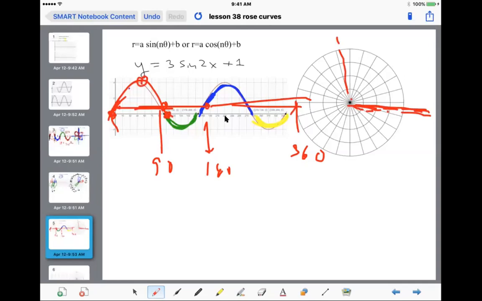Oh no, actually, it's at 45. The center is still at 45, because it's the peak of the sine curve. So 45, 4, somewhere over here. And when I draw this, I hug that guideline, and then come back to hug the guideline again. And that's our red petal.